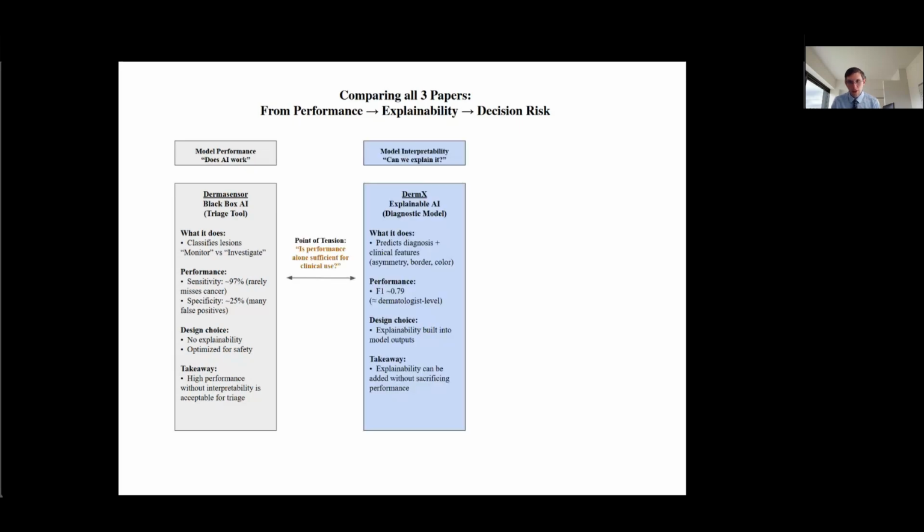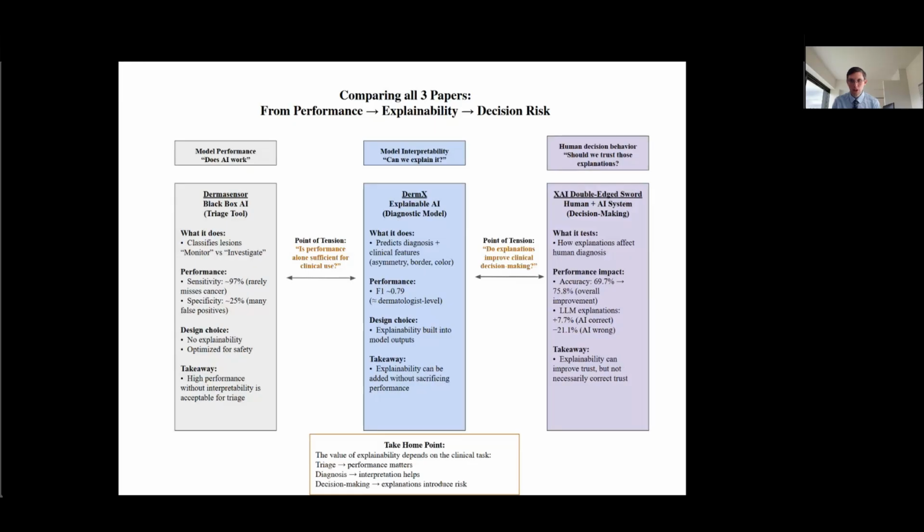The next model that we talked about was an interpretable model. And the most important question, or the point of tension that we tried to answer, is performance alone sufficient for clinical use? And the DermX study really showed us that explainability can be added without sacrificing performance.